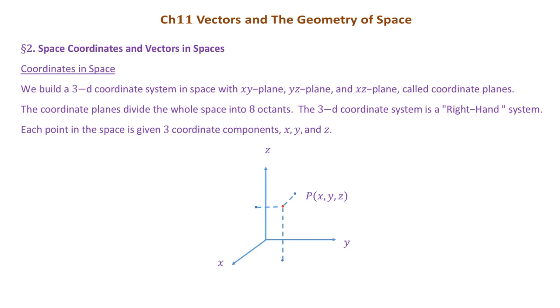If you draw a line parallel to the y-axis that intersects the xz plane at some point, then you get the y coordinate, the length. And if you draw a perpendicular line to the xy plane, that gives you the z coordinate. That's how the coordinates are defined in 3D space.